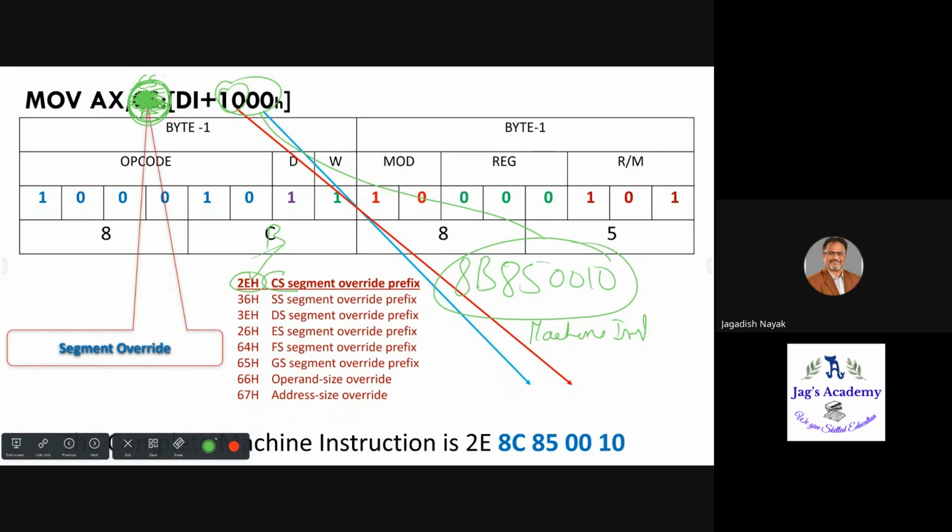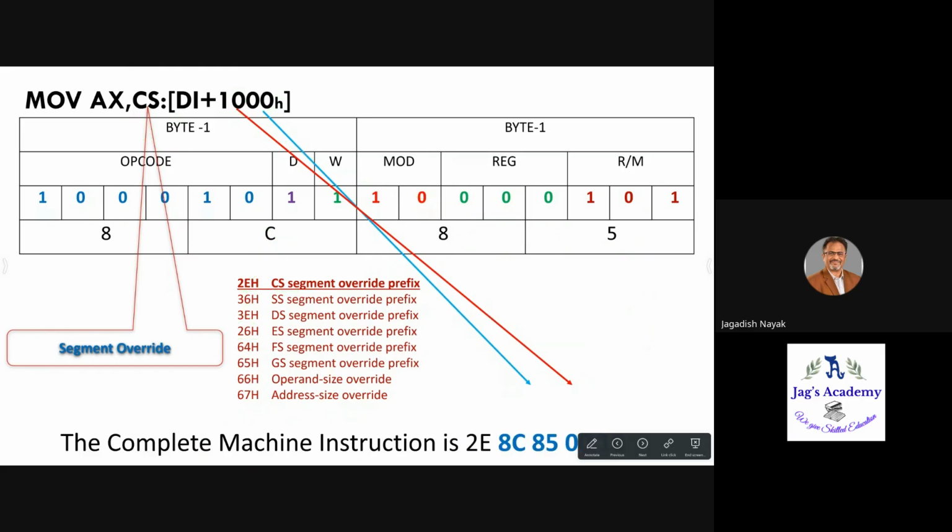Suppose instead of CS I have SS, the prefix is going to be 36H. If you have ES, the prefix is going to be 26H. Along with 8B85, your machine instruction now has the displacement 0010, and you just have to put this prefix.